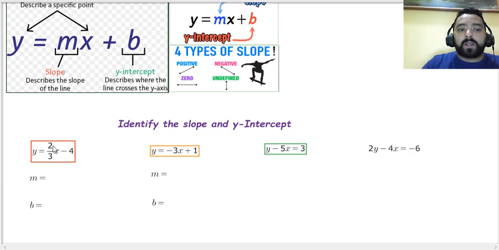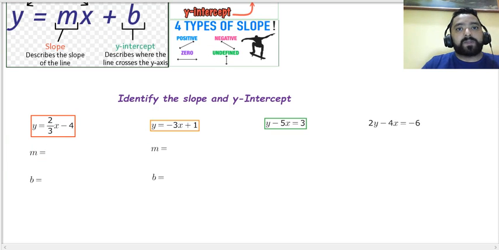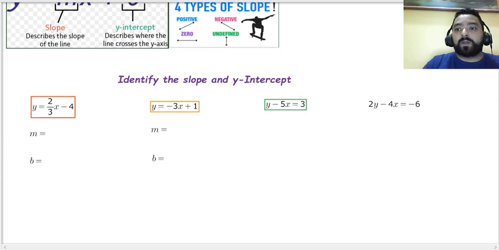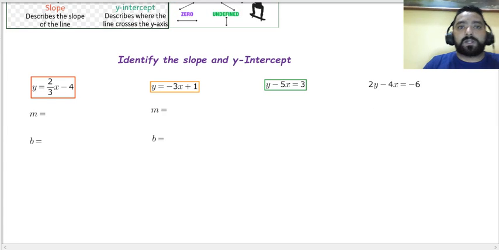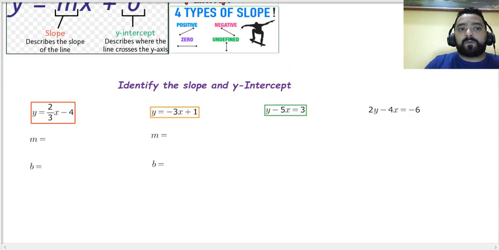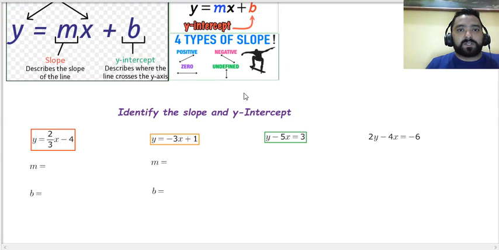So here we have y equals 2 over 3x minus 4. Remember, the slope you can represent with a fraction, or a rational number. So the slope, if you use the representation for linear functions, is the coefficient of x. So in this case the slope is going to be 2 over 3.